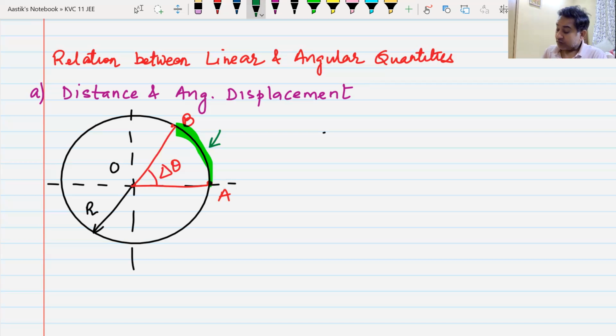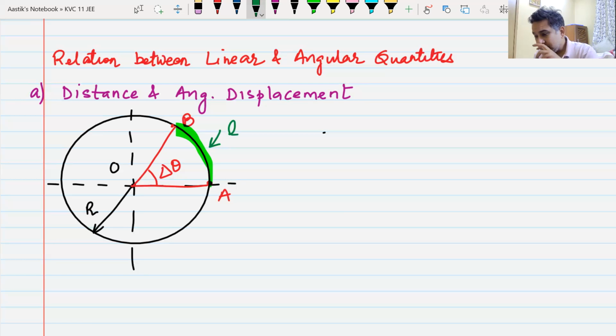Distance, sir. The length of this path will give me distance. Now this path is actually an arc of a circle. Any doubt? This A to B is a part of a circle, it is the length of the arc.